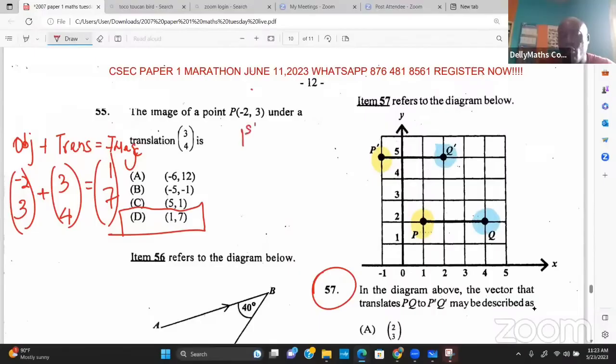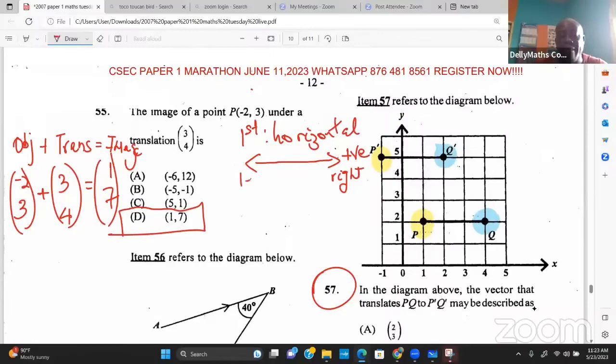Now, the first movement has to be horizontal. Has to be. And horizontal motion could be going to the right or going to the left. So if you're going to the right, it's a positive number.